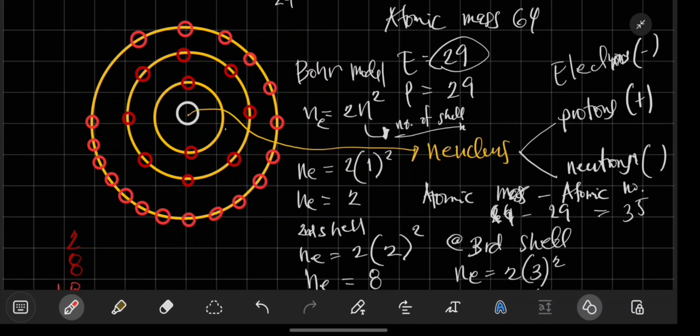Hindi pantay. So, okay lang yan. At least meron tayong 18. Okay? So, meron tayong 18 electrons in the third shell.